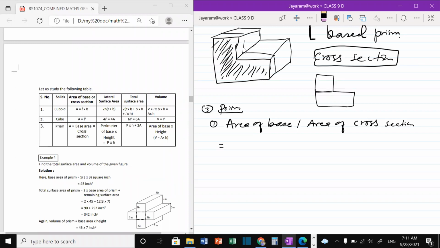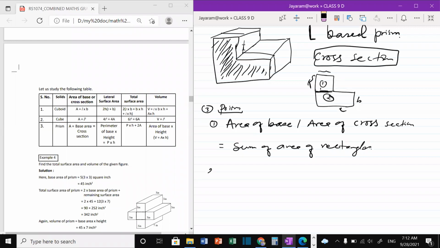Then this is rectangle 1 and this is rectangle 2. Now this is L into B here, and this is also L into B here, whatever the length and breadth, and you have to add the area of those rectangles. You can write sum of area of rectangles. This is how we find the area of base or area of cross section.